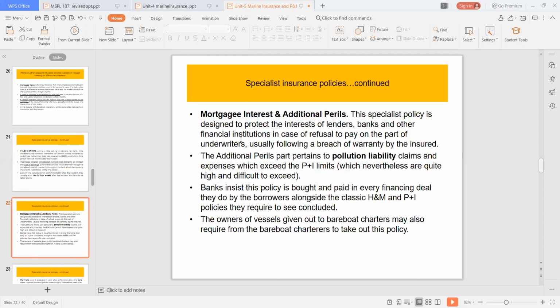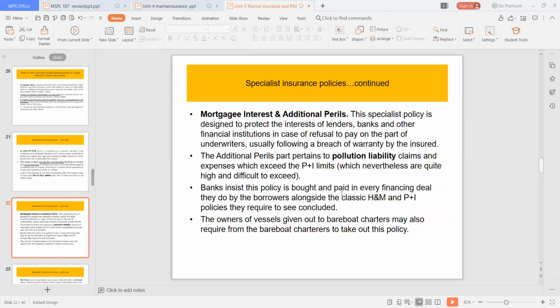Next one, mortgage interest and additional perils. It's called MAP also. This specialist policy is designed to protect the interest of lenders, banks, and other financial institutions in case of refusal to pay on the part of underwriters, usually following a breach of warranty by the insured. The additional perils part pertains to pollution liability claims and expenses which exceed the P&I limits, protection and indemnity, which nevertheless are quite high and difficult to exceed.